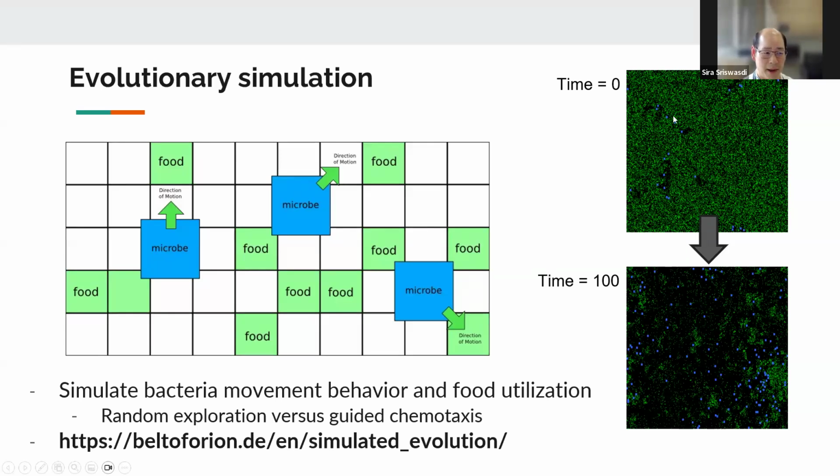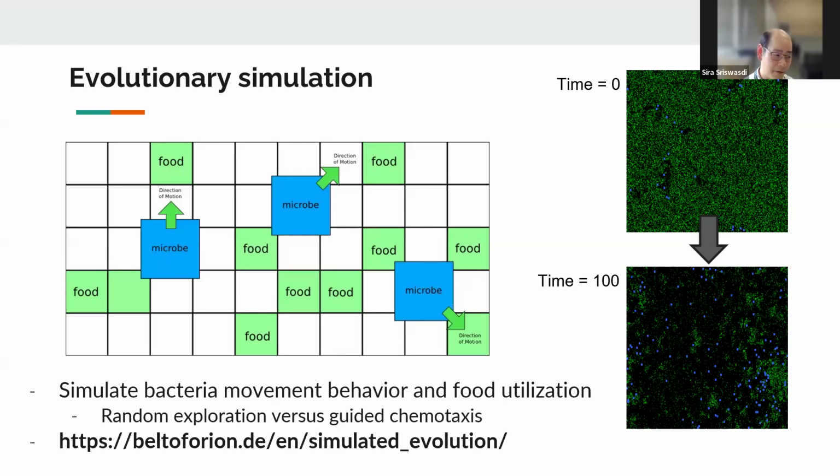If we start with certain microbes in blue and a lot of food on the plate in green, and let the microbe grow, run into food, eat the food, and divide into more microbes, then after a certain time period, we can try to simulate how many microbes will there be after an hour, after 2 hours, after a day, for example.